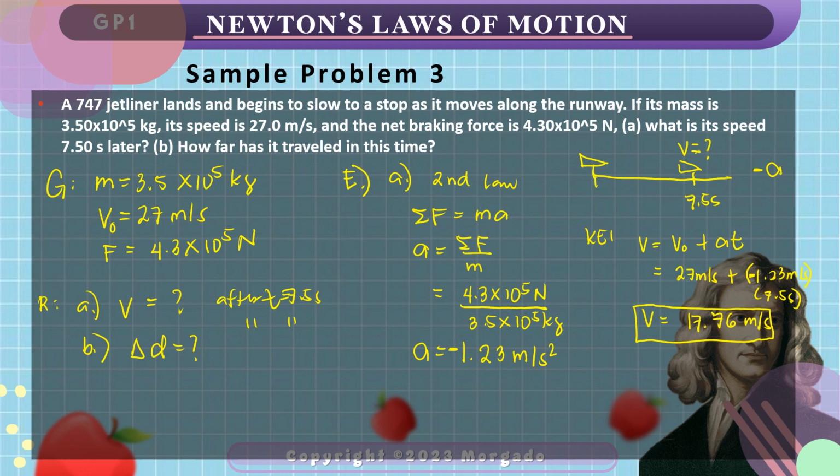And lastly, for letter B, it's asking for how far it has traveled in this time. So we take the value of t to be 7.5 seconds still, and we just simply choose a kinematic equation. In kinematic equation 3, we had the formula displacement is equal to v initial times time plus 1/2 a t squared.